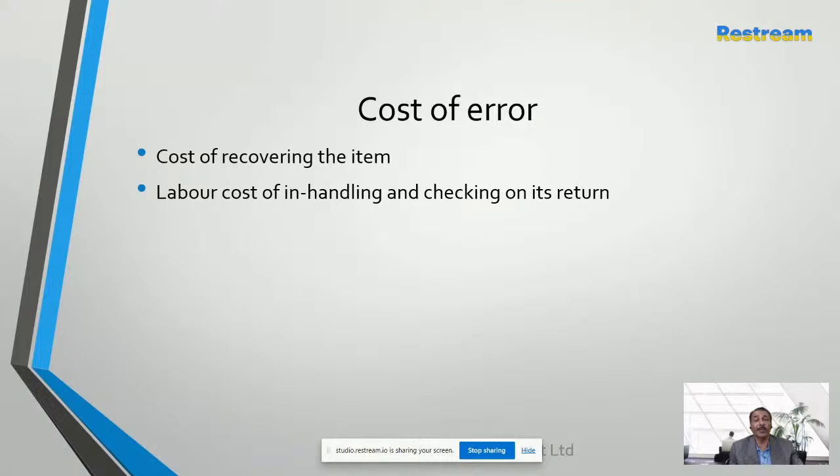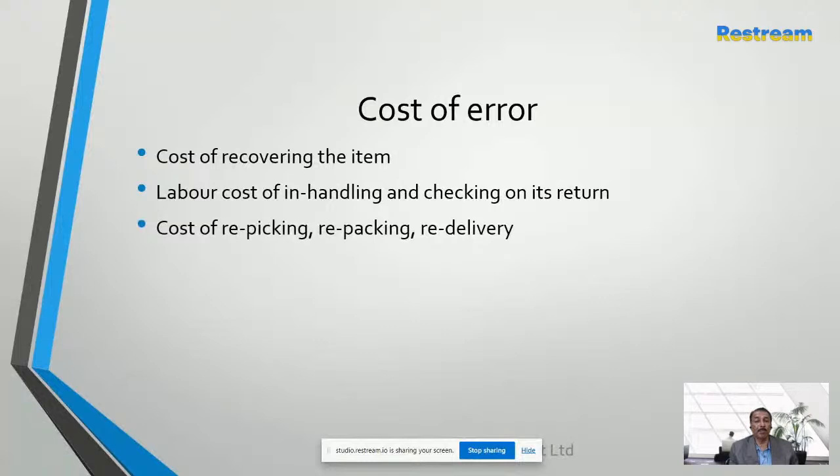Possibly they are going to inspect this item before putting it back into the warehouse location or in the stock, because possibly the customer might have used it or the item is damaged, maybe then it requires some repair, refurbishing. All such may be possible.